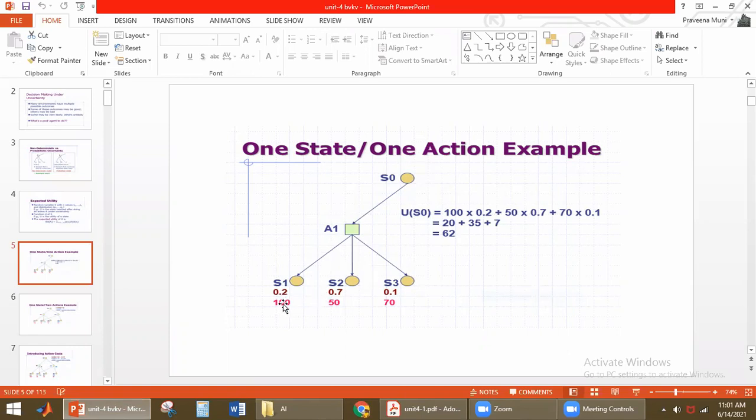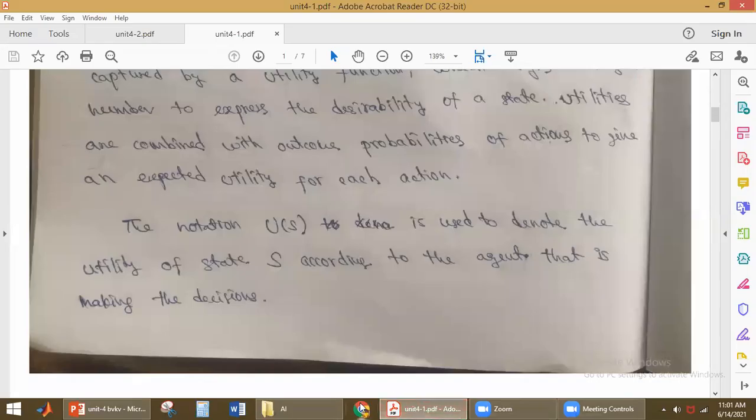We are combining the utility with probability. So 100 into 0.2, 50 into 0.7, 70 into 0.1. That gives you the expected utility for this action. If that particular action is performed, what is the expected utility? Like that, we will be finding the expected utility for each and every action.